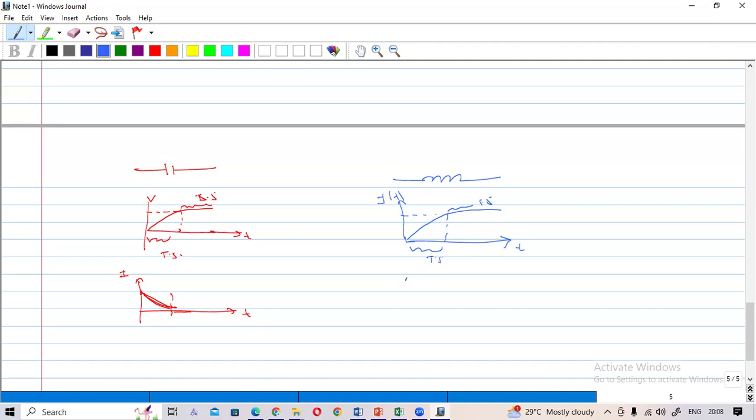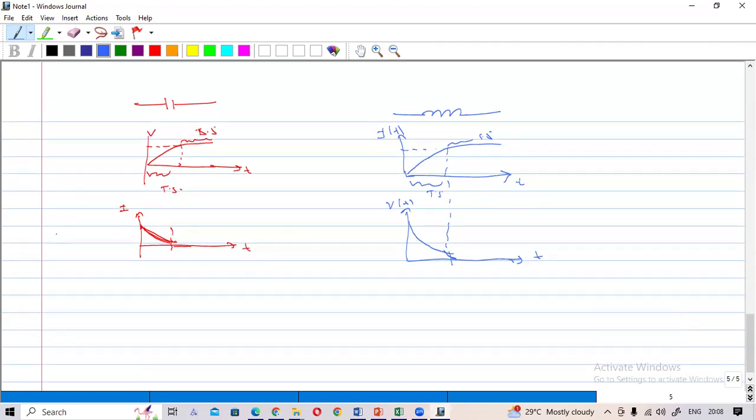And the voltage curve will be like this for the inductor.